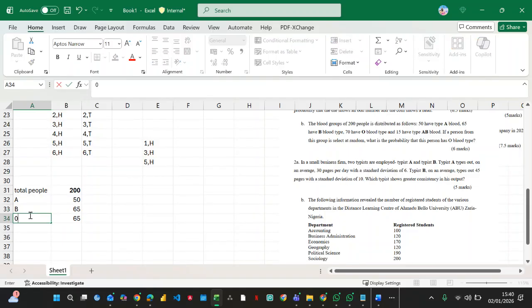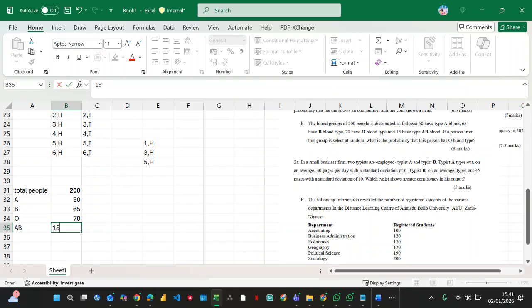B they have 65, and then O they have 70.